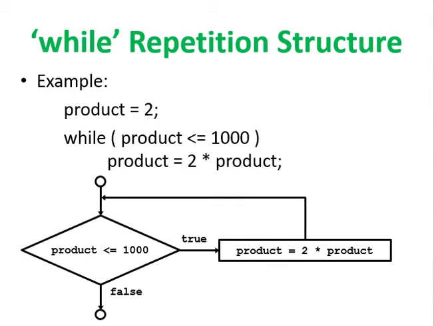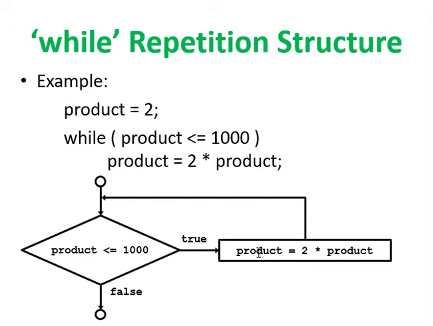Okay, we will see through the flowchart how the loop runs until the condition becomes false. The condition is product less than or equal to 1000. The initialized value is 2, and product equals 2 times 2, which is 4, so the statement is true. Then what happens if the statement is true? The loop repeats. Now the product value is 4. Is 4 less than or equal to 1000? Yes, exactly.